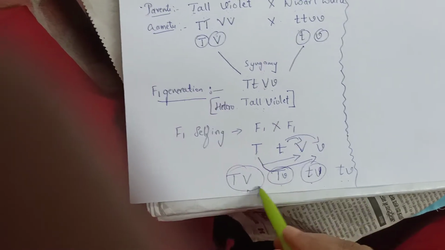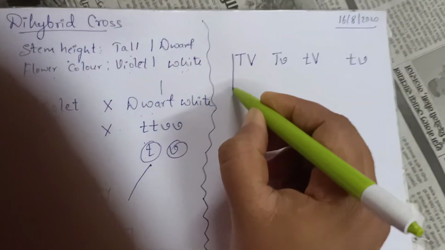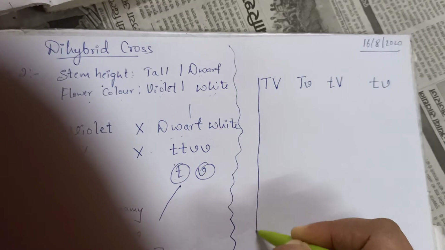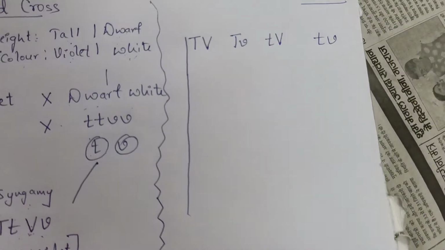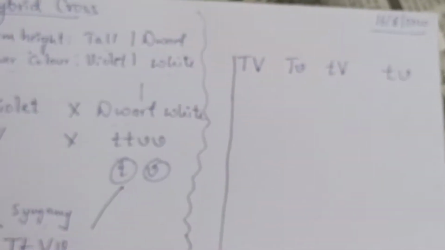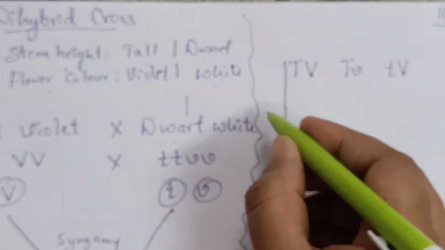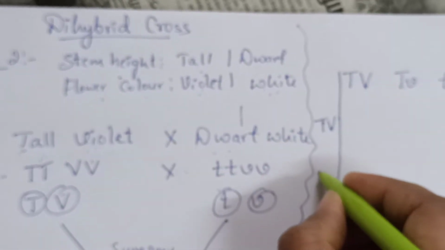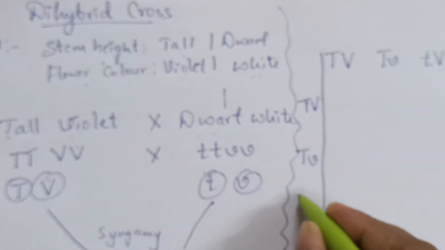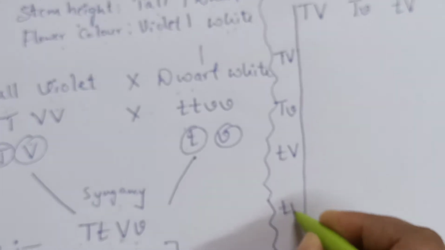After doing F1 selfing, the gametes which we have got are capital T, capital V, capital T, small v, small t, capital V, small t, small v.